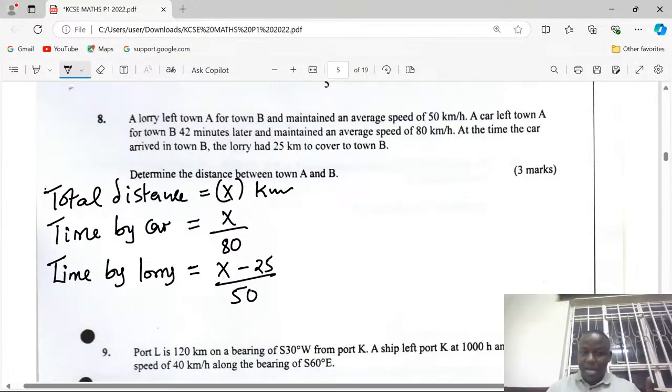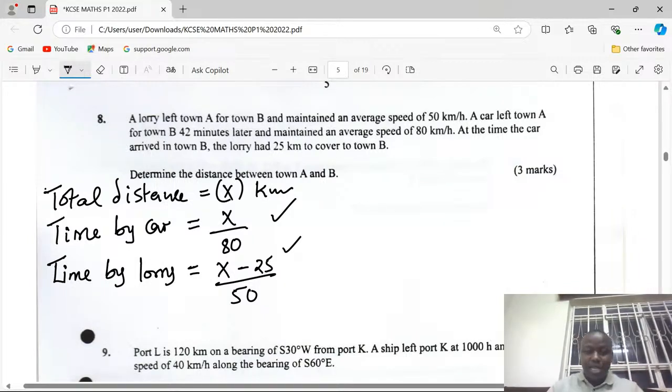But there is some time that the lorry has traveled. That is 42 minutes. Remember, the lorry started 42 minutes earlier. So this time could have been the same as this if the lorry had not begun earlier.